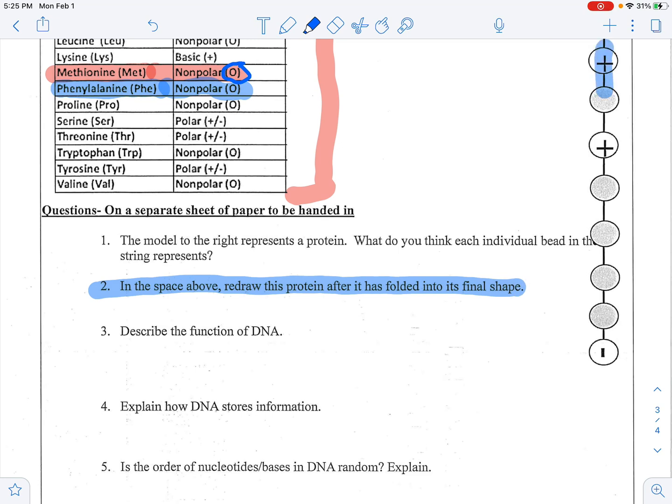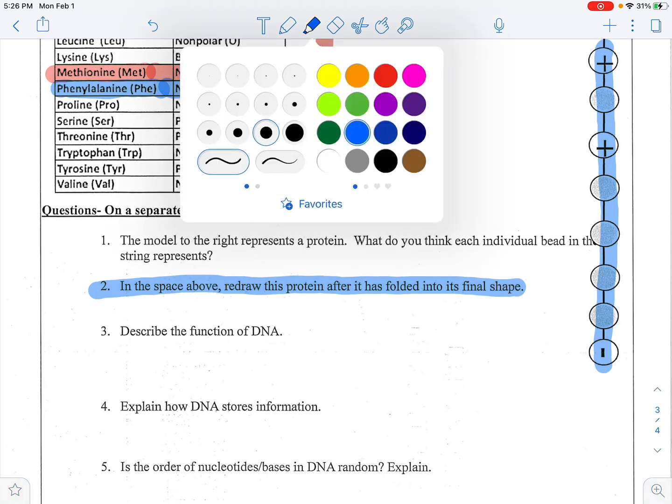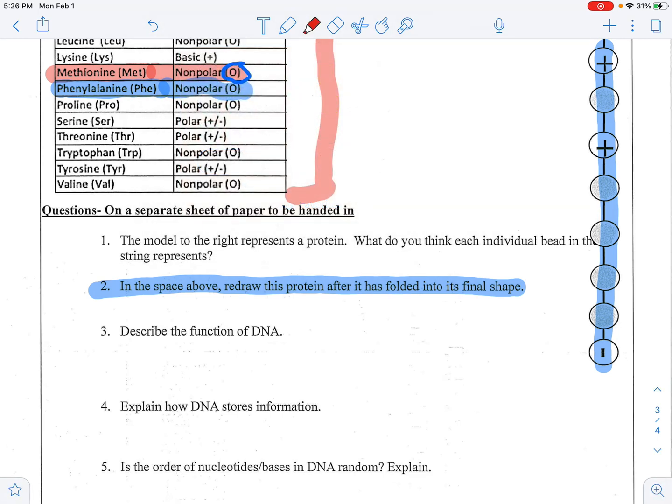If we imagine that this sequence of beads right there is on a flexible string, and we notice that in here we have some positive ones and some negative ones, well, of course, we know that positives and negatives attract. So if this thing is flexible and the negative attracts to the positive, what do you think this protein is going to look like? That's a little guidance there for question number 2.